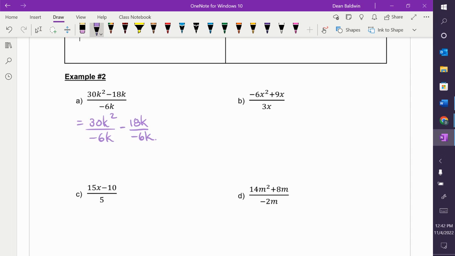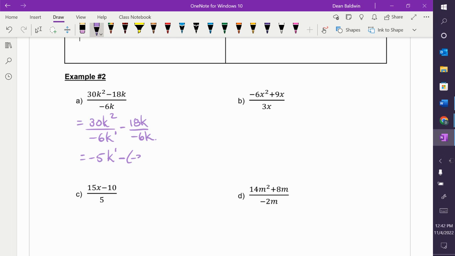So what's 30 divided by negative 6? Negative 5. What happens to k squared and k? What do I do? Subtract the exponents. So I get k to the power of 1. Then 18 divided by negative 6. What's 18 divided by negative 6?